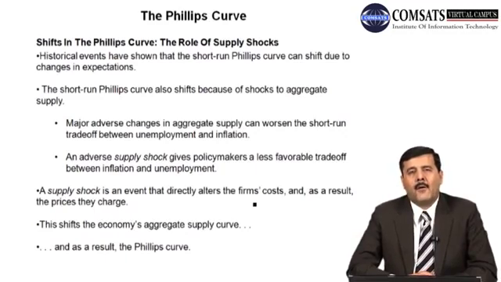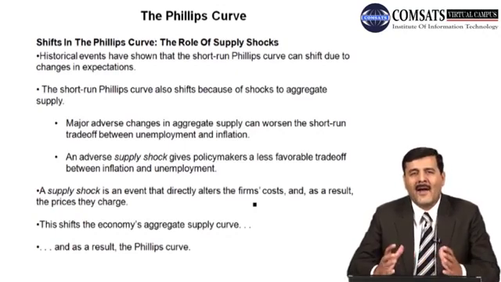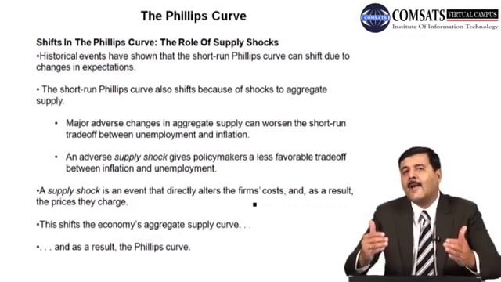Now, so far we have talked about shocks or changes in aggregate demand, and we have seen how a change in aggregate demand due to a change in government policy, expansionary monetary policy, can affect inflation in the economy, and how this affects unemployment, right? Now we'll see the shifts in the Phillips curve and the role of supply shocks: how aggregate supply can play its role to shift the Phillips curve, and how a supply shock affects inflation and unemployment in the economy.